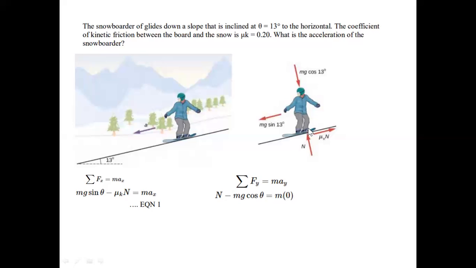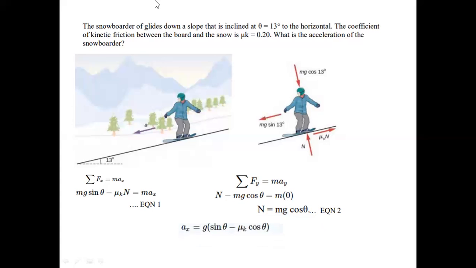Why is it 0? This is because of no acceleration moving upwards or downwards direction with respect to the inclined plane. This gives us n is equal to mass times gravity cosine of theta. This is our second equation.